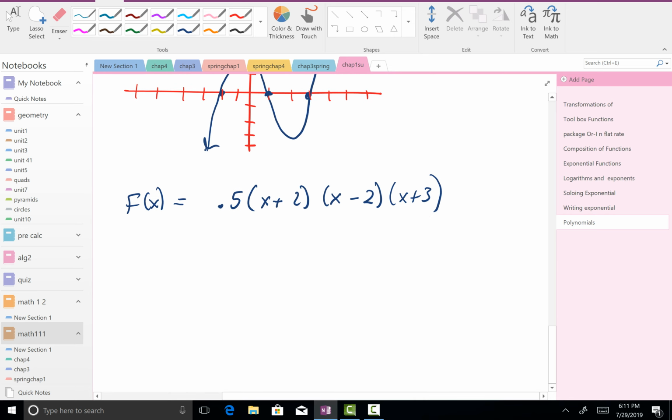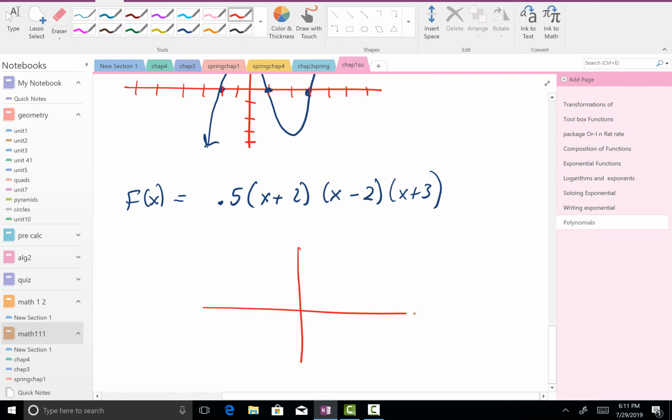It's just an N shape. We're going to get into those shapes a lot more on Wednesday.